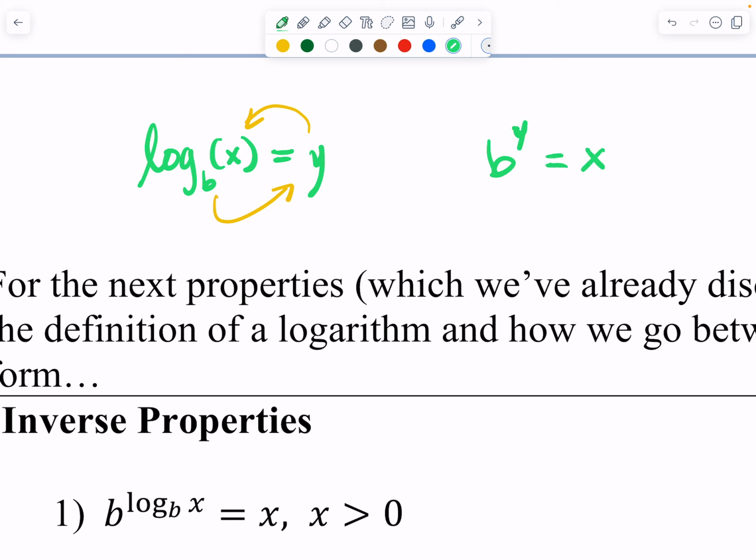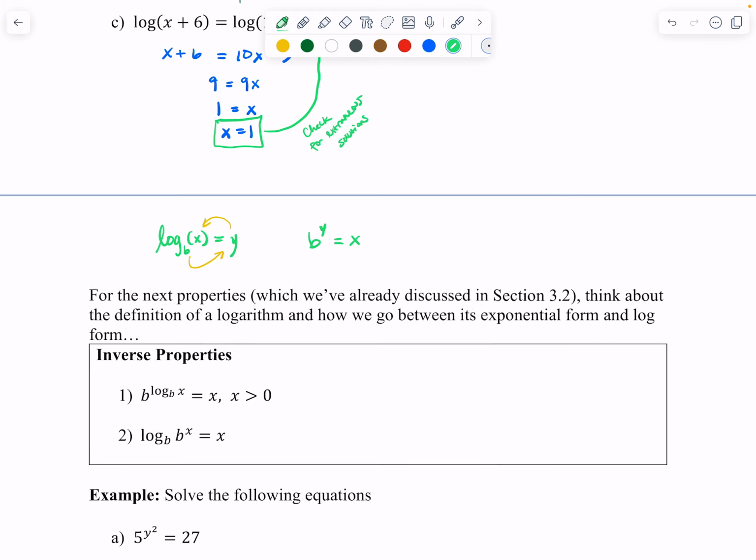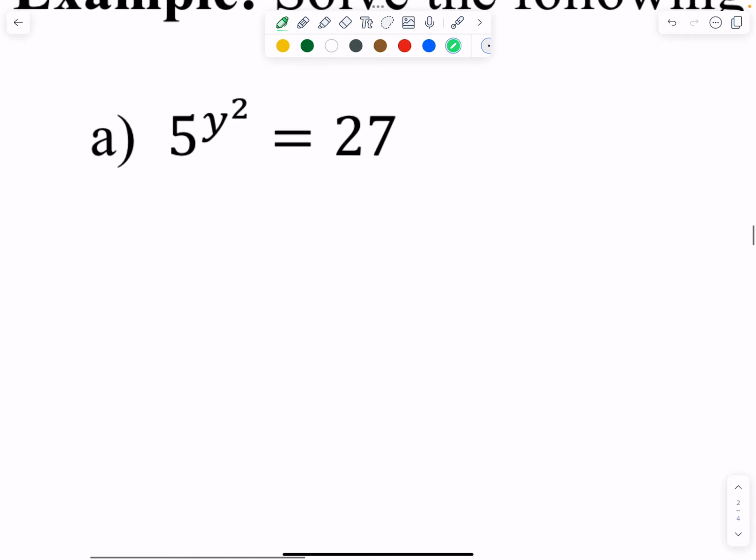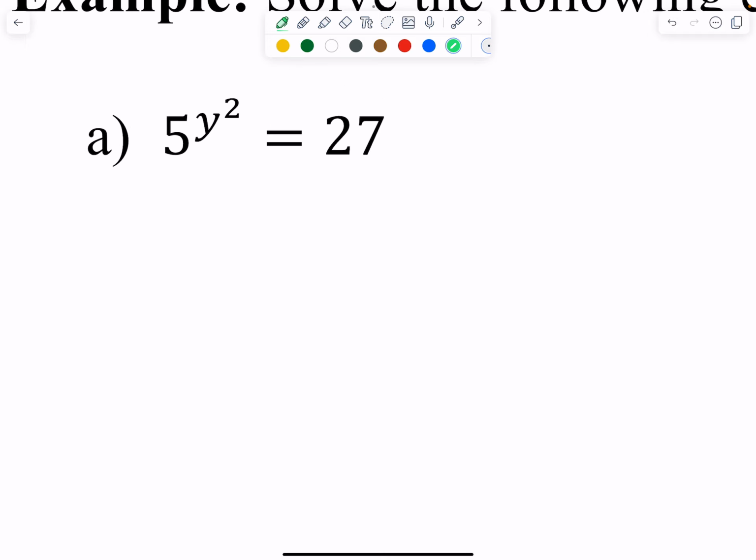So going from one form to the other for these different equations. That's the approach that I typically use. Looking at this equation, I would first ask, can I rewrite the right-hand side here? Can I rewrite 27 as 5 to a power easily?